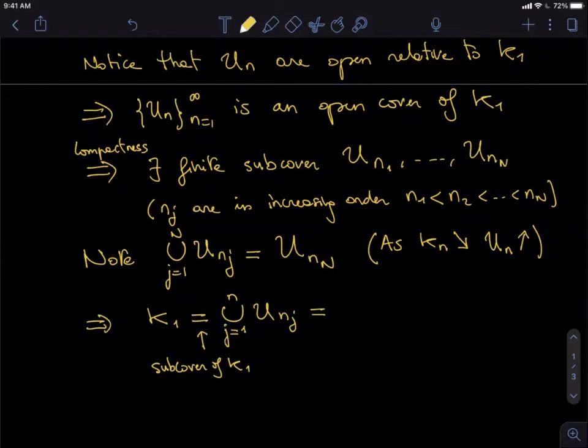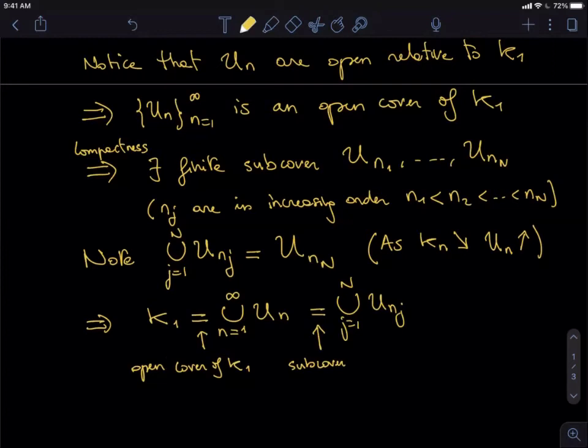Let's actually do all the steps. Because it's an open cover, if I go all the way to infinity and it's compact, I take a subcover all the way to N. There we go. Now it's all fixed. The first index is n, the second index is j.